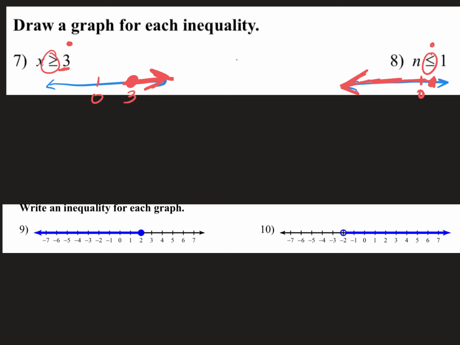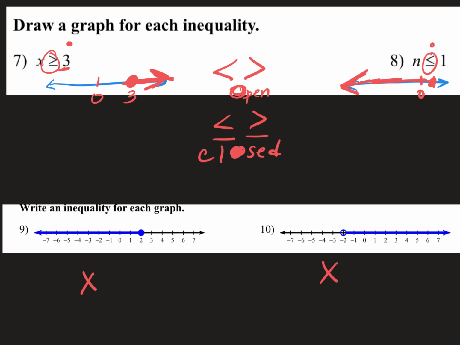Remember, if it's less than or greater than, that's an open circle. If it's less than or equal to, greater than or equal to, that's a closed circle. So open, closed. Okay, for the next one, I'm just going to use x as my variable. You can use whatever variable you want.